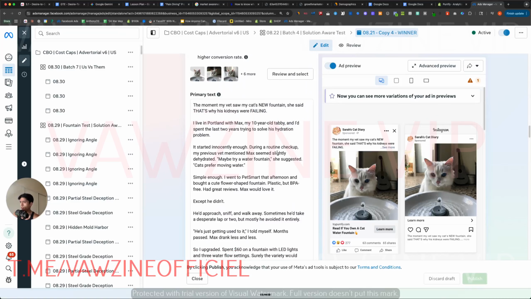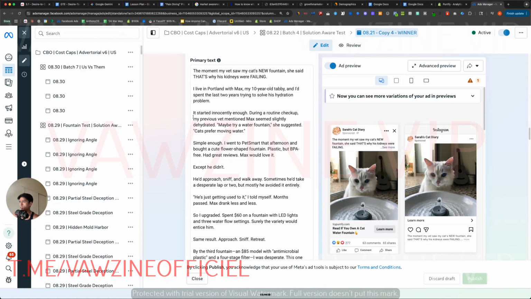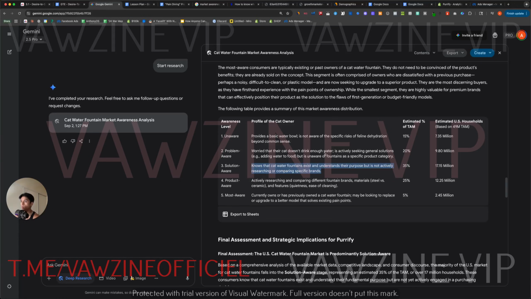And if you read the first section of the copy here, simple enough, I went to PetSmart that afternoon and bought a cute flower-shaped fountain, plastic but BPA free, had great reviews. Max would love it, except he didn't. So again, this copy is written from the perspective of someone who's already purchased a fountain, who knows that fountains exist, who knows what they do. And that perfectly aligns with the fact that the majority of this market already knows that cat water fountains exist.